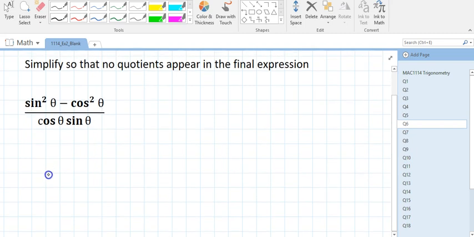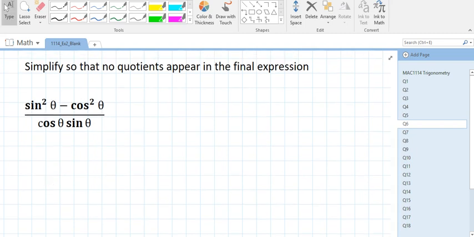So, simplify so that no quotients appear in the final expression. So, we can have it any function we want, just no division though. So, yeah, there we go. So, some people would be like, well, Mr. Armstrong, this is a Pythagorean identity.